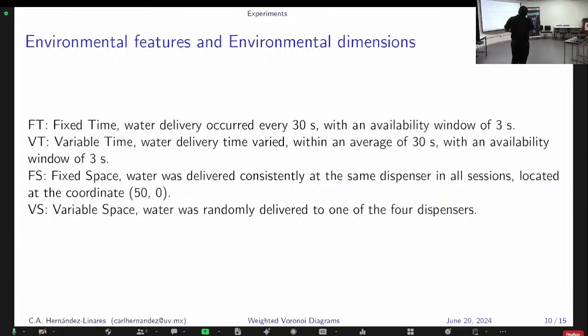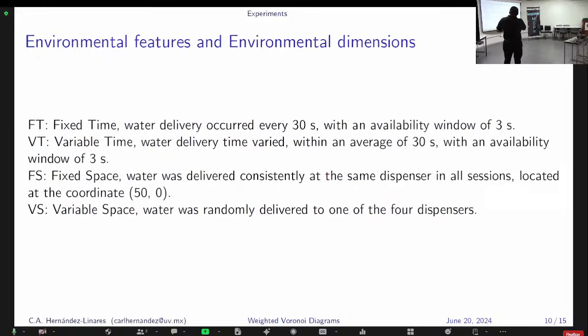Variable time means water delivery time varied with an average of 30 seconds with an availability window of 3 seconds. In fixed space, water was delivered consistently at the same dispenser in all sessions, located at the coordinate 50,0. In variable space, water was randomly delivered to one of the 4 dispensers.